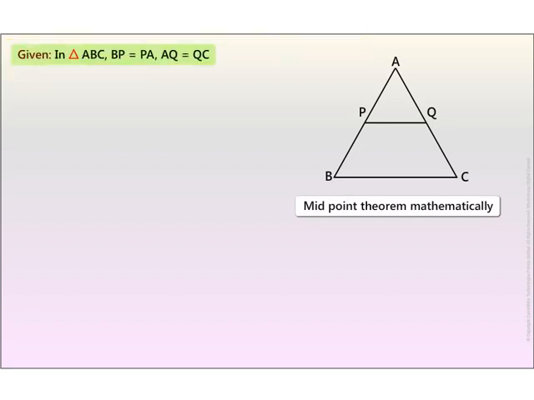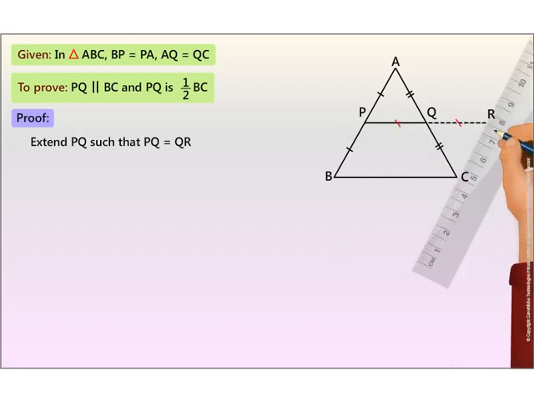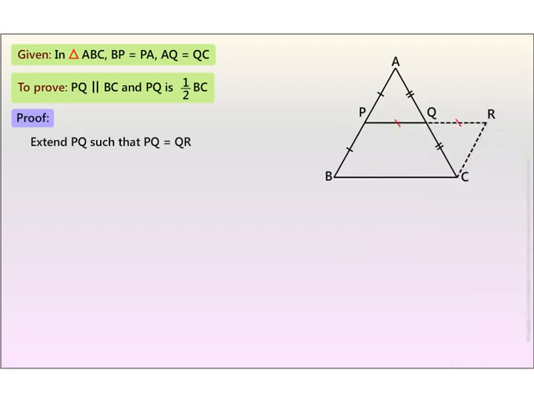Given in triangle ABC, BP is equal to PA, AQ is equal to QC. To prove, PQ is parallel to BC and PQ is half of BC. In triangle ABC, let us use a compass and scale to extend PQ such that PQ is equal to QR. Consider triangle AQP and CQR.